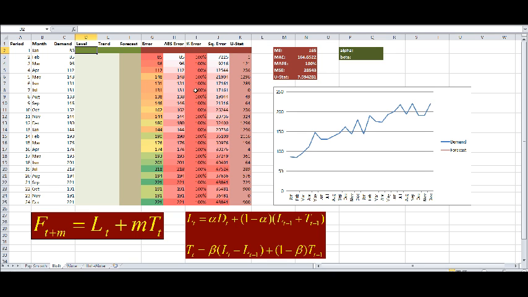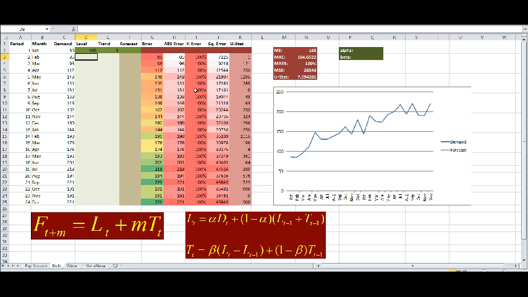So let's get started. In order to get started with this forecast, we do need some initiation for level and trend. And I'm just going to use 100. And for the trend, let's use 3, for example. Okay.